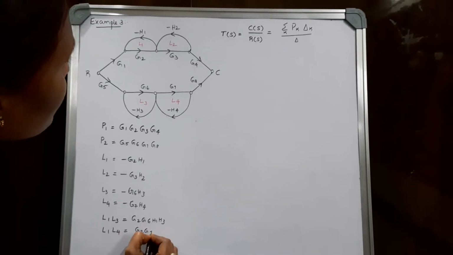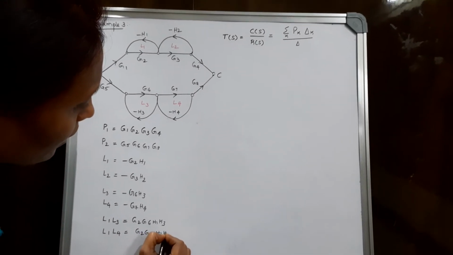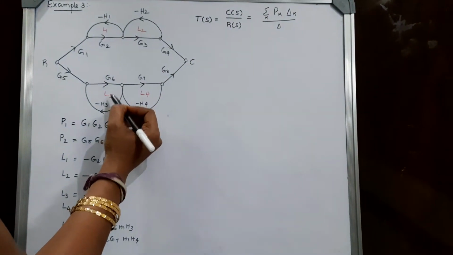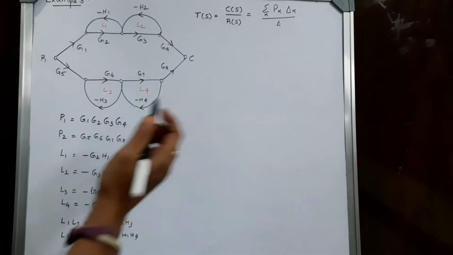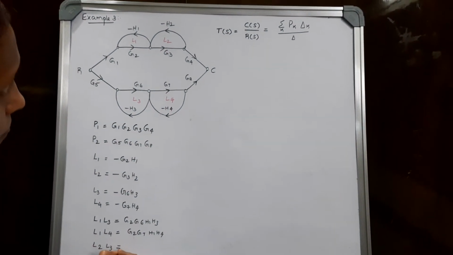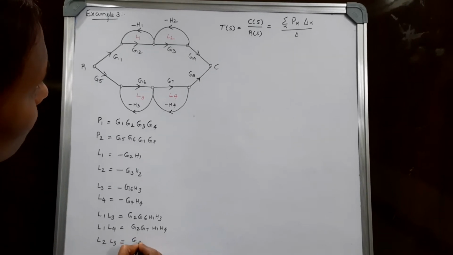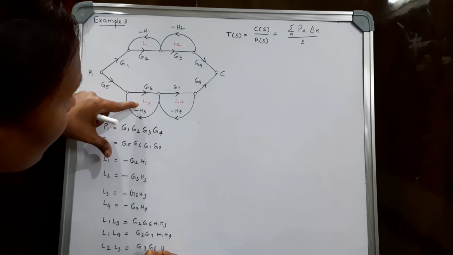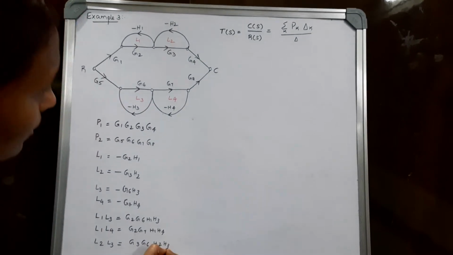On similar lines, L2 and L3 are not touching each other, L2 and L4 are not touching each other. So L2, L3 having gain of G3, G6, H2, H3.